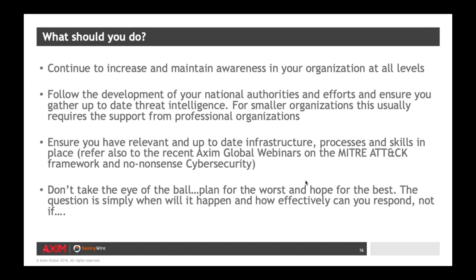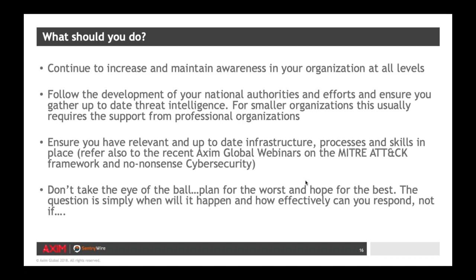This is an industry that is earning a lot of money, and they are becoming very, very sophisticated in the way that they're creating or organizing their attacks. So you should definitely make sure that you got awareness within your organization, and you maintain it at all levels, and you take the respective measures.